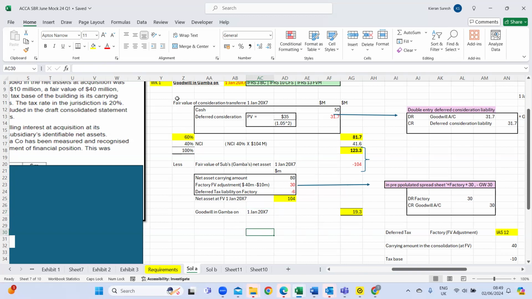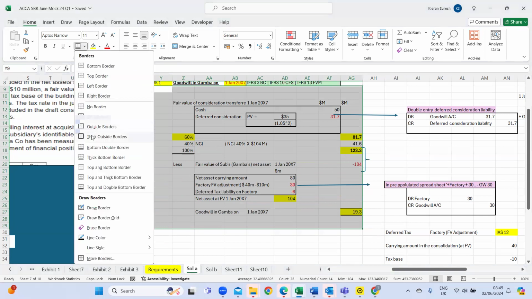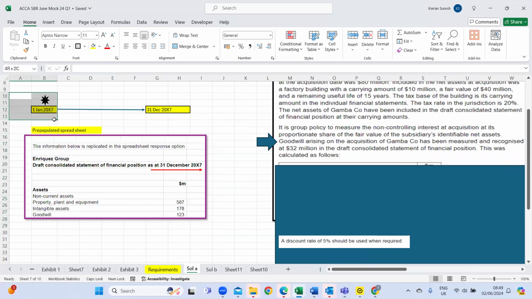So what I have done so far, this working so far is for 1st Jan 2017. Remember I said to you, so far what I have done is only for this date. So I can go and update whatever numbers were not accounted in the spreadsheet. But I'm only doing it for 1st Jan 2017. For the same numbers, I need to consider what is going to be the impact. What other entries I need to put as for the 31st of December 2017. That also I need to work out, right?